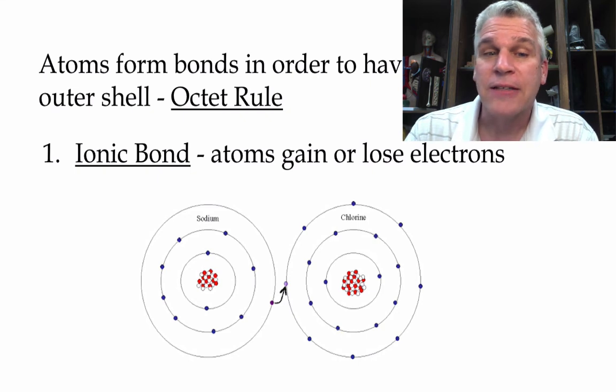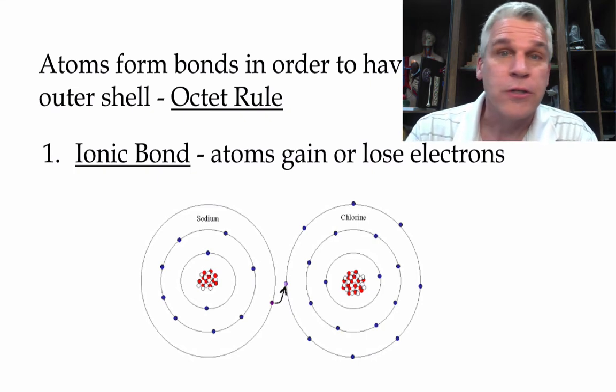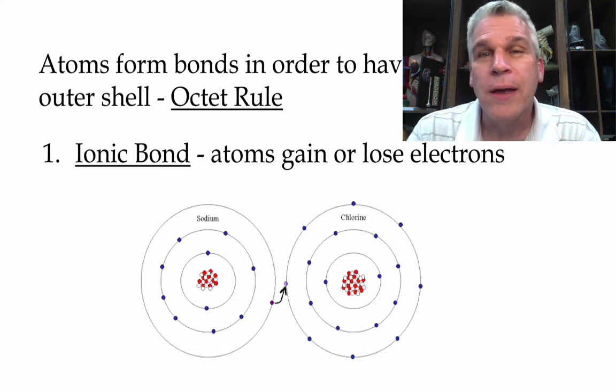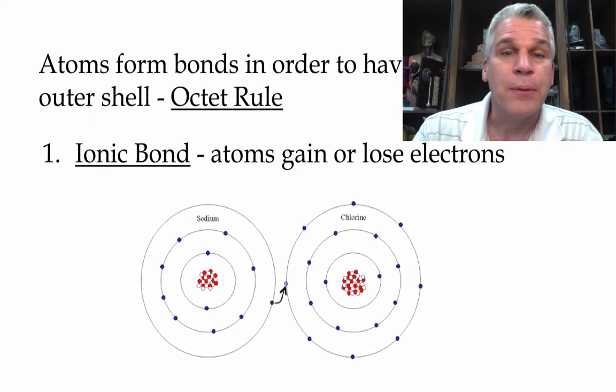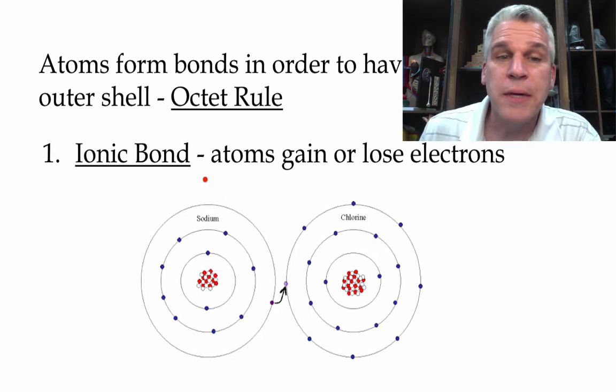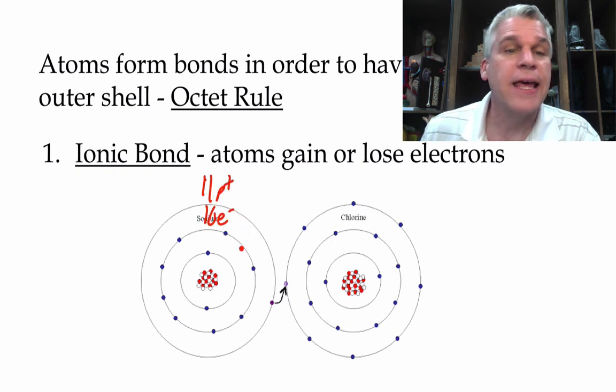Now that means that sodium would go down to only having 2 shells, which both are full, and chlorine, by gaining that extra one, now has a complete outer shell. So what this means is that sodium, which has 11 protons, now only has 10 electrons.